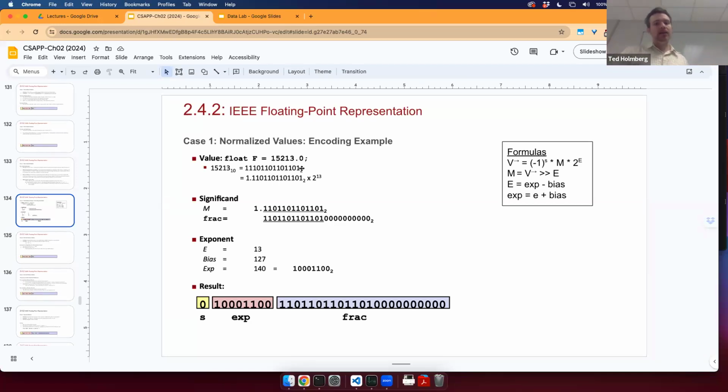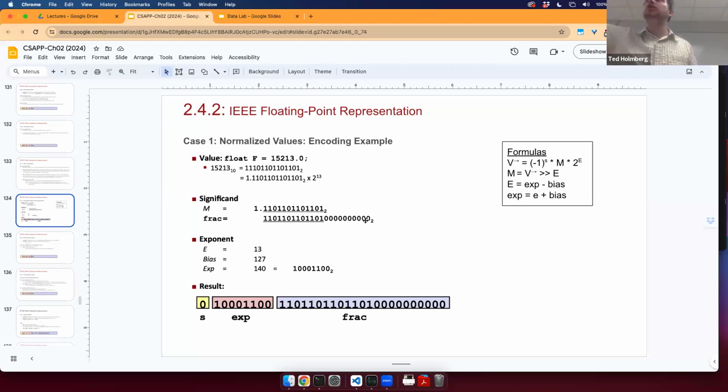So I take the unsigned value, the non-fractional value, and translate it into this form. Now I can reproduce that by multiplying it by 2 to the power of 13. If I do that, then I can fill this space here. My fractional is going to be the value that we have here, and if we count the number of zeros, it's going to be 2 to the power of 13.